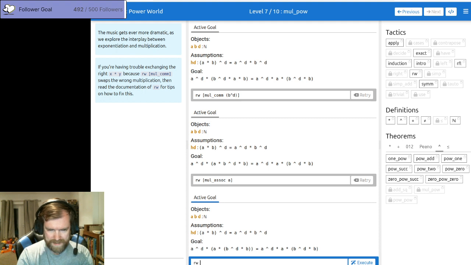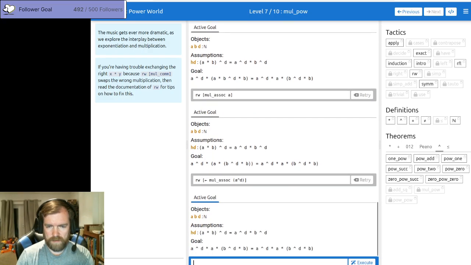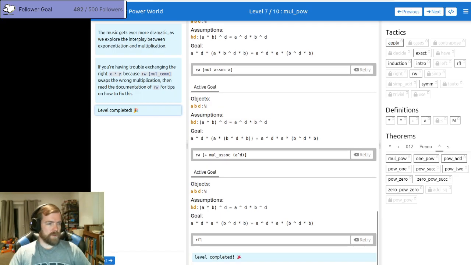And then rewrite left multiplicative associativity of a to the d. Reflexive. Woo!